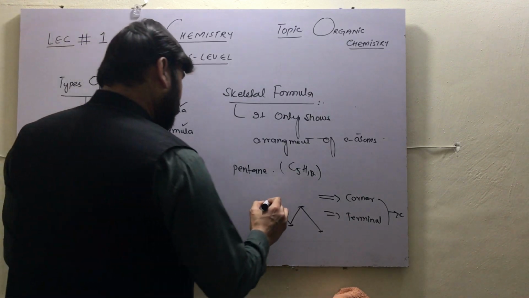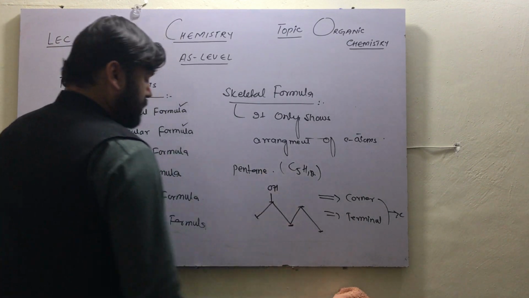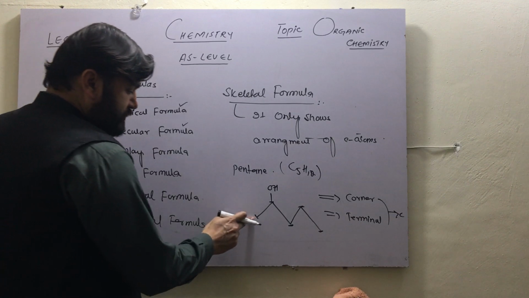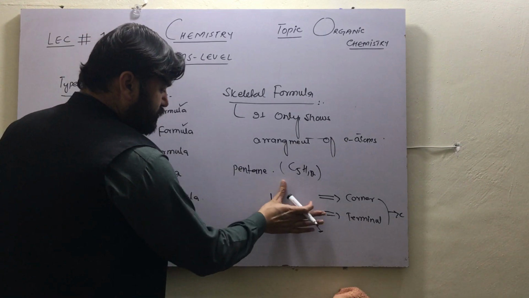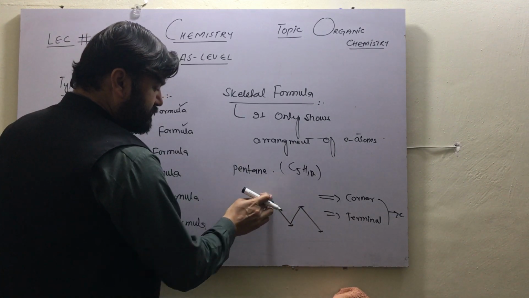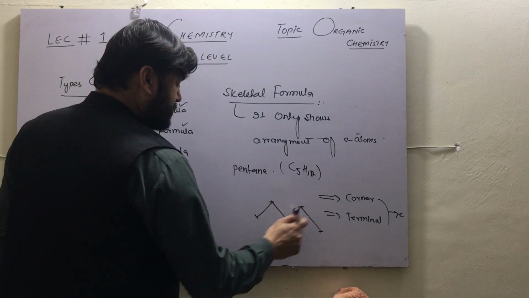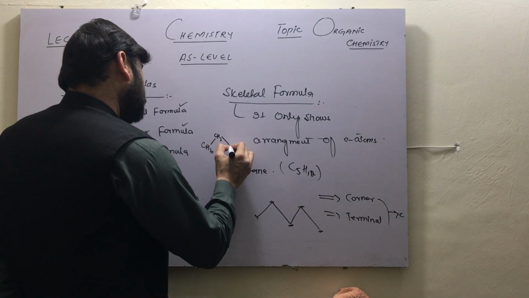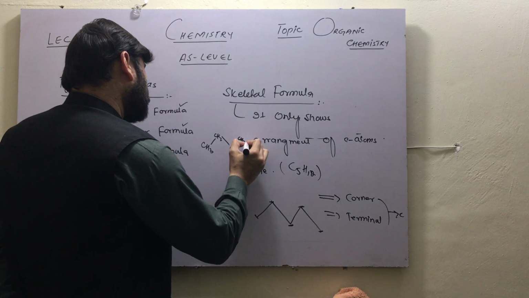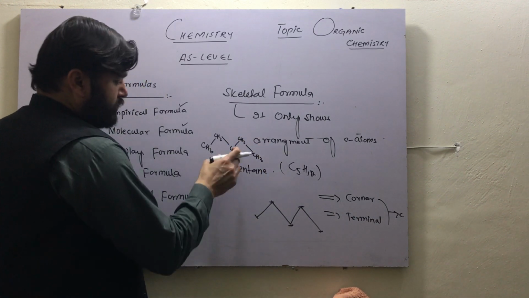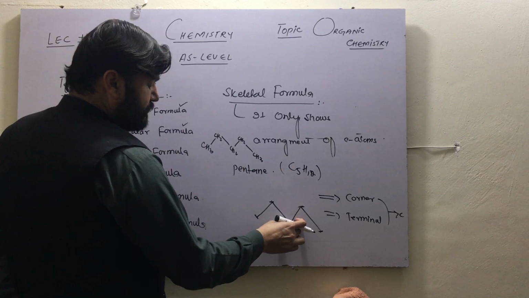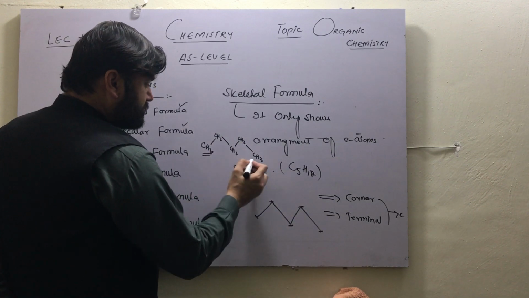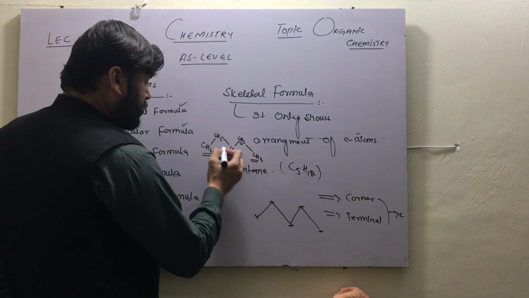If I remove the OH, the structure formula is CH3, CH2, CH2, CH2 and CH3. So this can be written in this way. These are the terminals and this is the corner one.